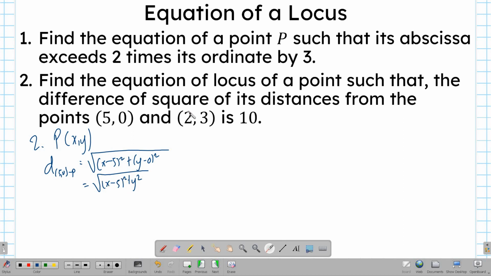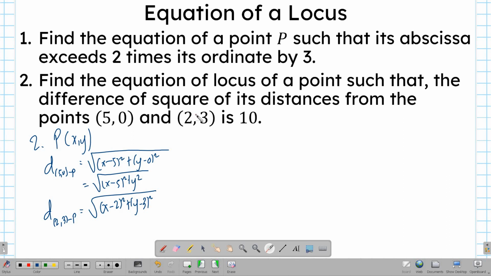Ito daw, at distance ng point to 2, 3. So, the distance of point P to the point 2, 3 is now represented by x minus 2 squared plus y minus 3 squared. Tama? This is the application of the distance formula from this point to 2, 3.